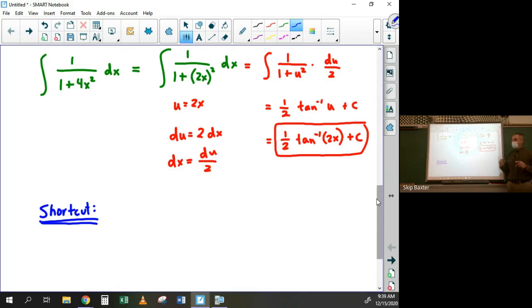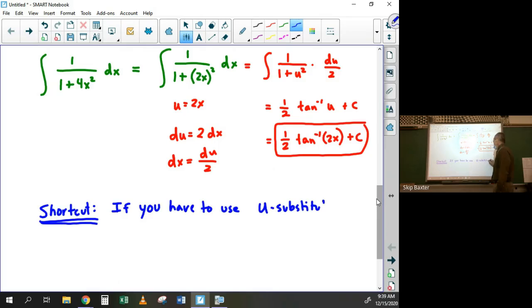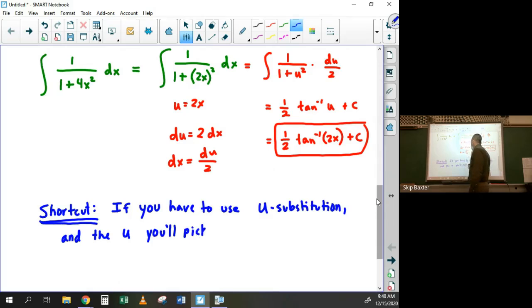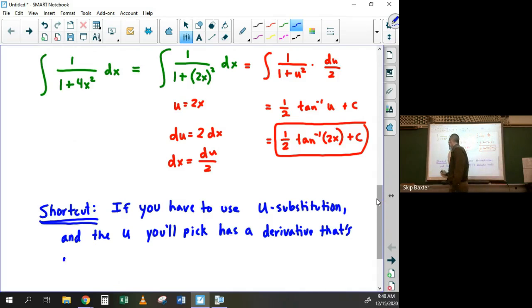If you have to use u substitution, and the u that you're going to pick has a derivative that's just a constant, like in this example that I just gave.